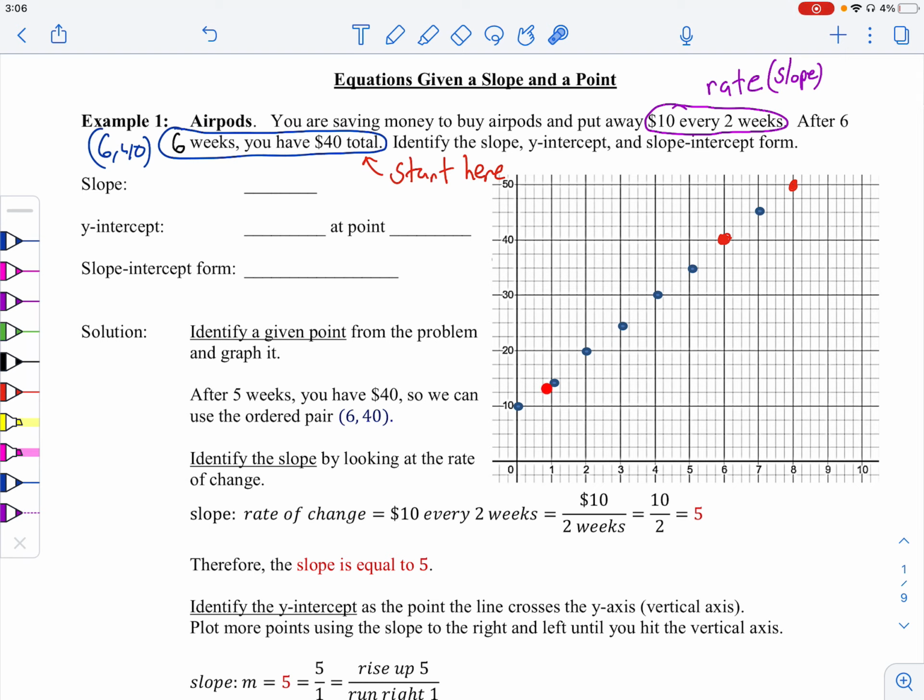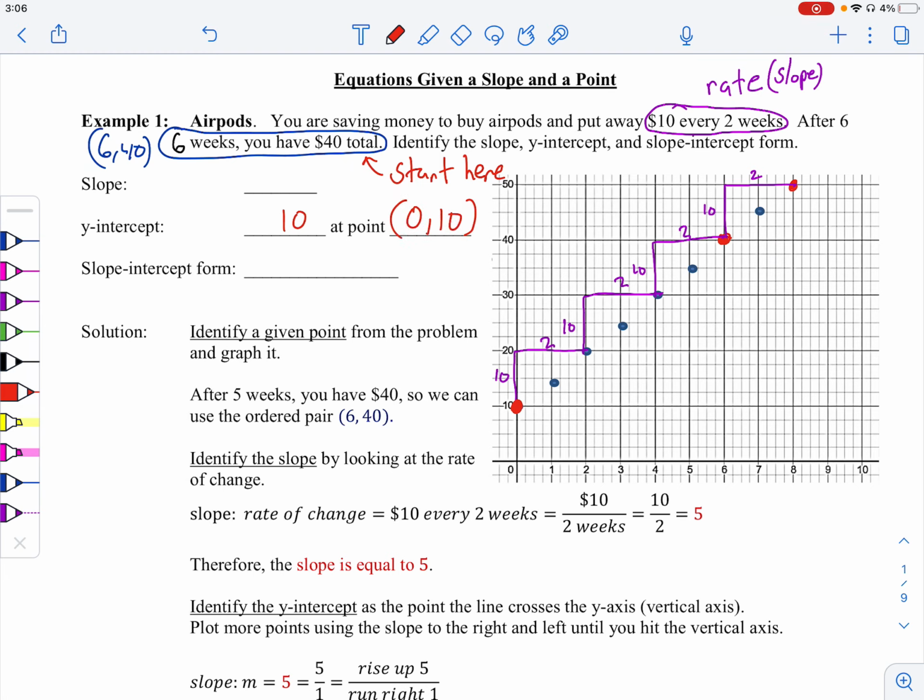So a straight line. 10 over 2, 10 over 2, 10 over 2, we're just following the pattern. We eventually end up where we started, our y-intercept, which is at 10. So our y-intercept is 10 at (0, 10).